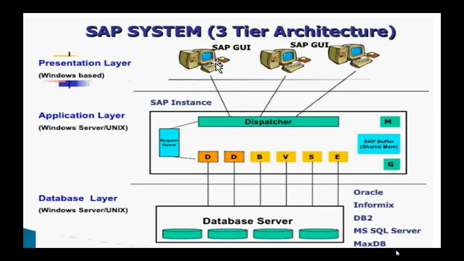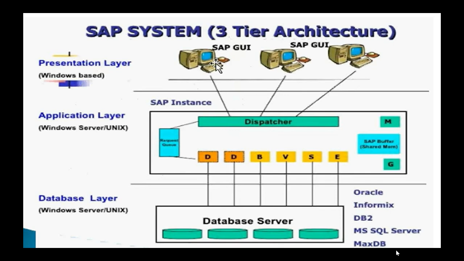First, you should be able to completely understand the architecture and the workflow: how the presentation layer provides the information to the application layer, how the dispatcher distributes the work among the work processes, and how the work processes complete the work and store the information into the database. This is the basic architecture of SAP. It must be clear to us.